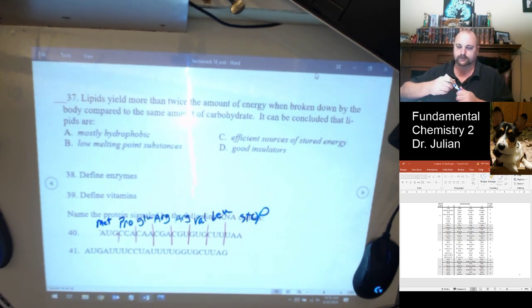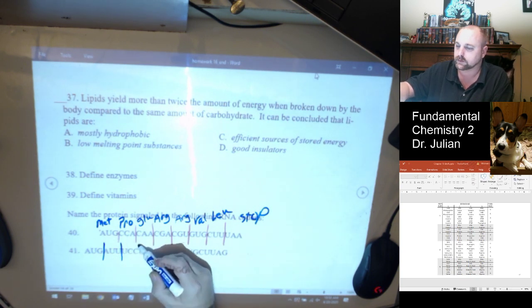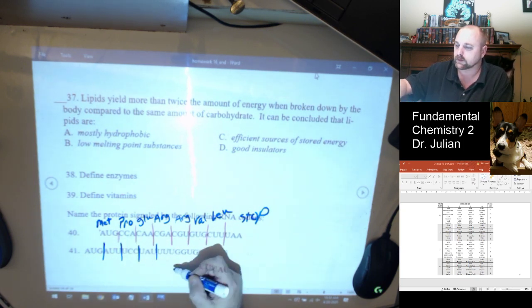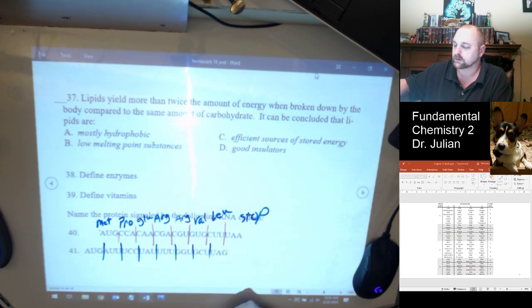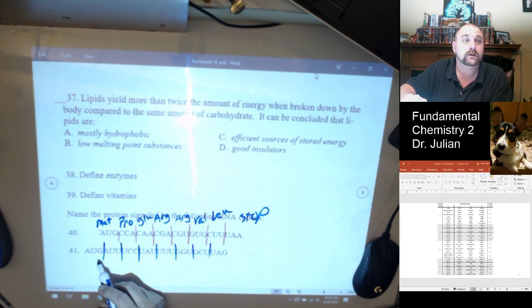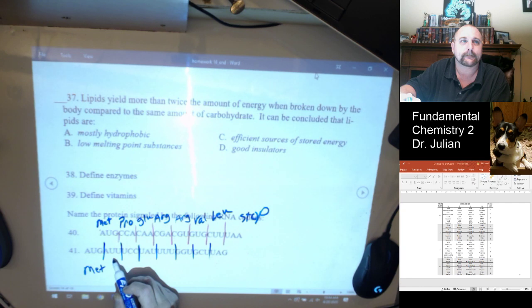Alright, so go 3 over, and then AUG, that's usually start, it's MET, which tells us to start, and AUU is isoleucine.